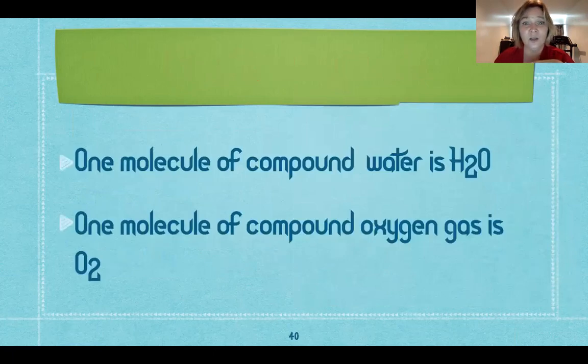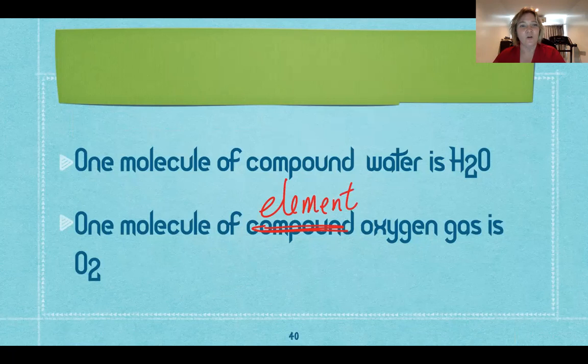So one molecule of a compound of water is H2O. One molecule of an element, that should say element, sorry. I can't write properly. It's been so long since I've had to write anything. So you have a molecule of an element or a molecule of a compound.